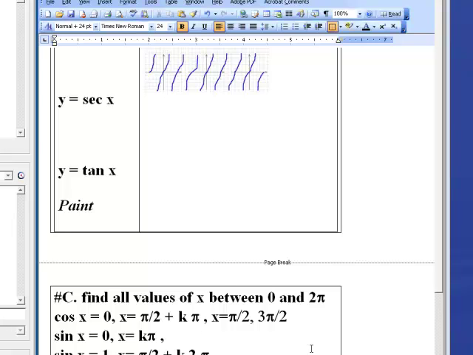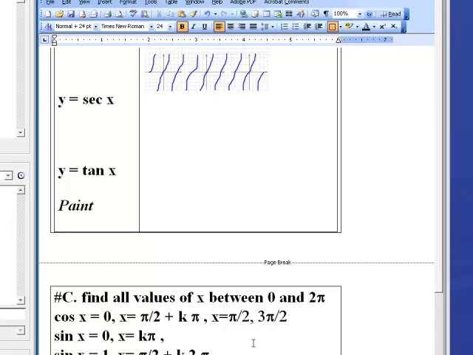The other one was cosine x equals 1. Well, we have that at x equals 0, as well as at x equals, not pi, because that's where it's negative 1, but at x equals 2 pi. And again, this is the rule here that says, well, at 2 pi, and of course at 0 times 2 pi, which is 0, and so on.